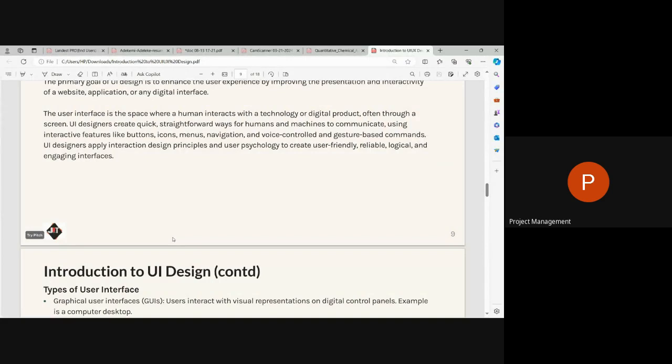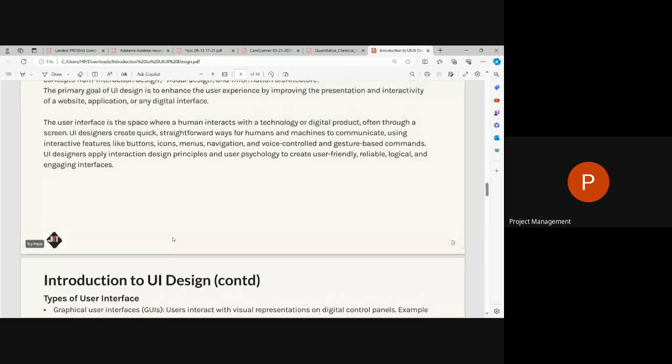And you can also implement gestures, things like voice controlled gesture. You can implement bodily movements, gesture based commands.